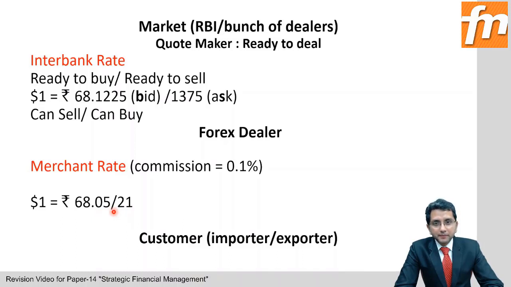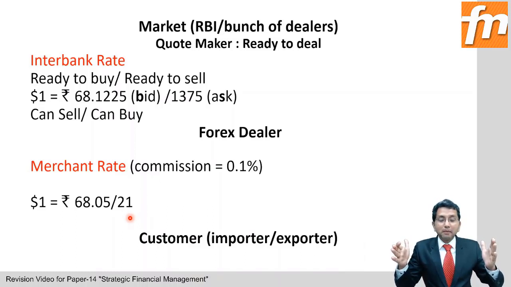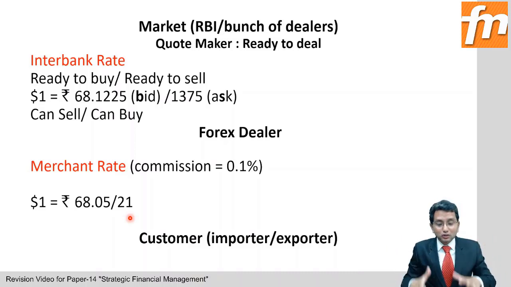The bid ask spread of a merchant rate will always be greater than the bid ask spread of the interbank rate. By its very nature, this is the bid, which is lower than ask, and you are further deducting margin. This is ask, which is already a higher rate, and you are further adding the margin. So from bid you deduct the margin, from ask you add the margin, and the gap becomes wider. The bid ask spread of the merchant rate is always greater than the corresponding interbank rate.